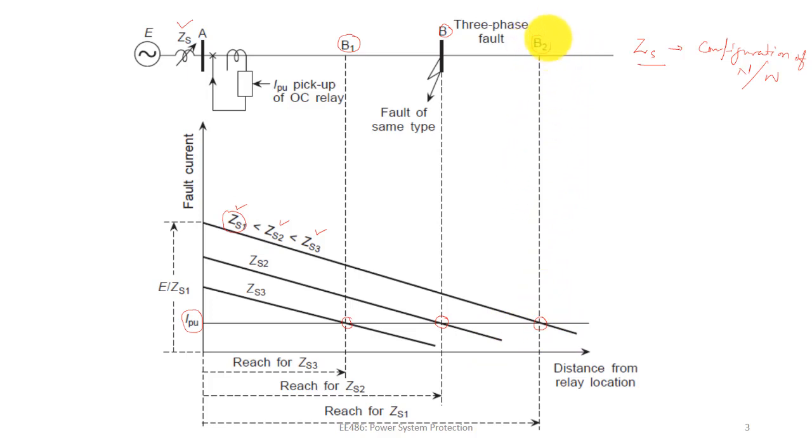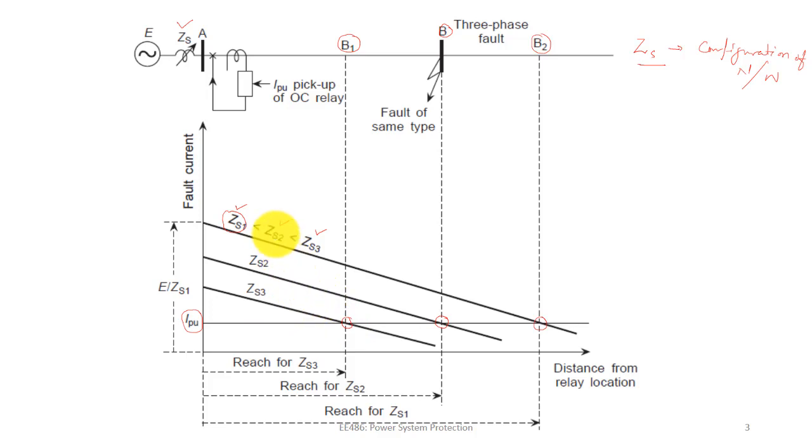So therefore we can see here that the reach of the relay depends upon various types of fault, and because the fault is varying in nature in the network, we don't know which kind of fault may happen, and therefore the reach of the relay also varies, and therefore the relay maloperates.